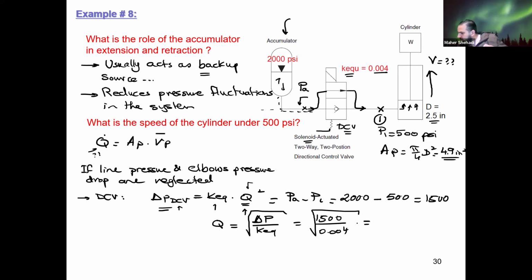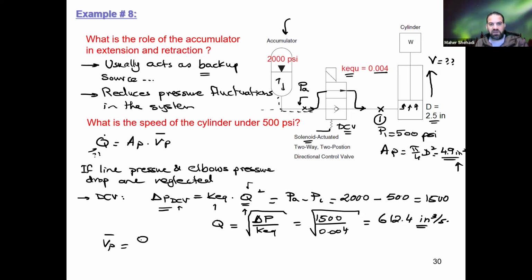That's equal to 612.4 cubic inch per second. The area is in inch squared, so what we get for velocity is inch per second. V for the piston will be Q dot divided by the area of the piston.